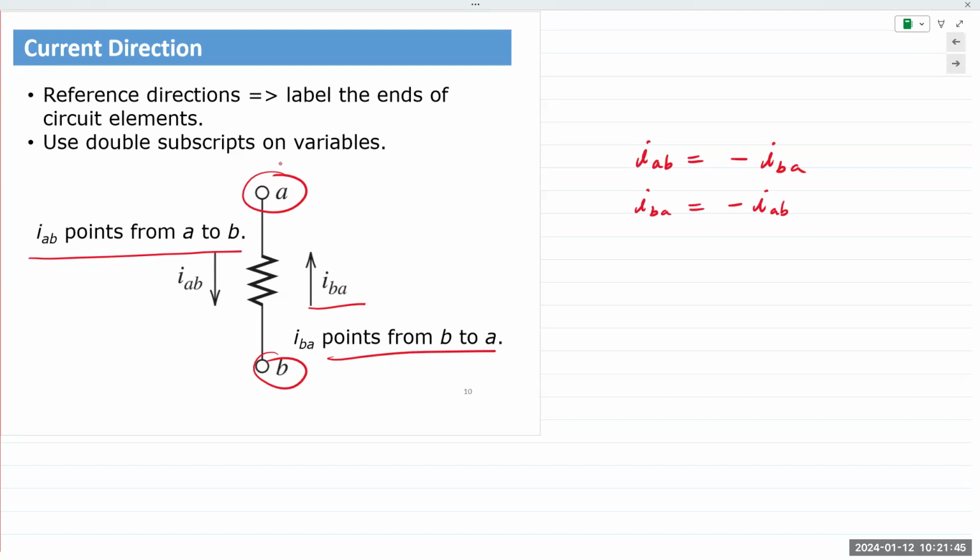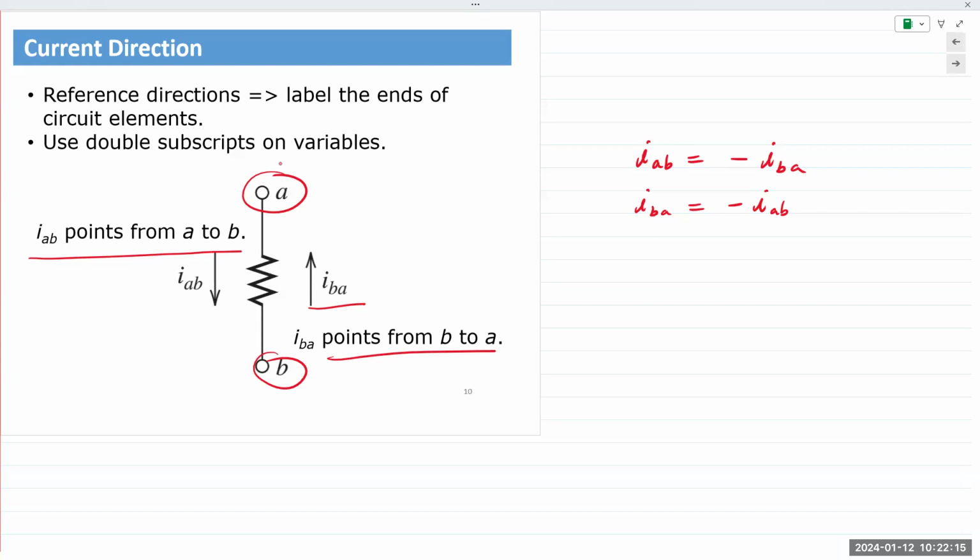We just put a minus and plus sign so that we can solve the circuit and perform analysis mathematically. That's why we put a plus or a minus sign. Otherwise, our equations would never balance out. So again, IAB simply means current flowing from point A to point B, and current IBA simply means current flowing from B to A.